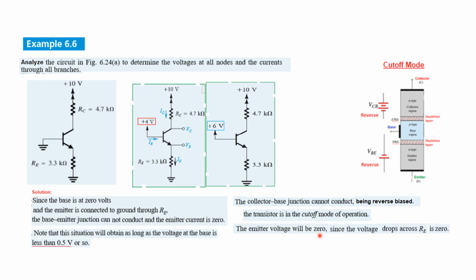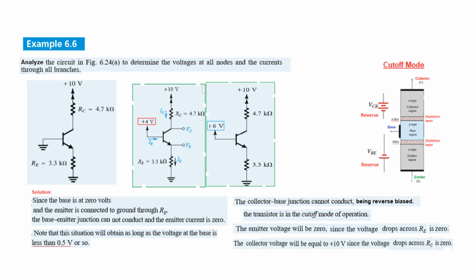The emitter voltage will be 0 since the voltage drop across RE is 0. So there will be no emitter voltage because there is no current here, no drop here. And the collector voltage will be 10 volts since the voltage drop across RC is 0.